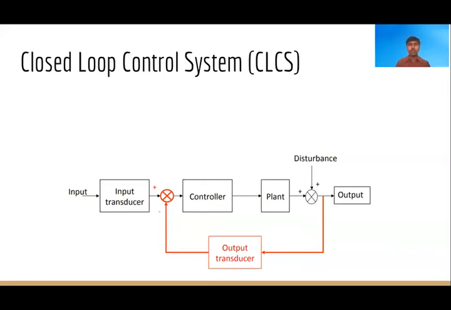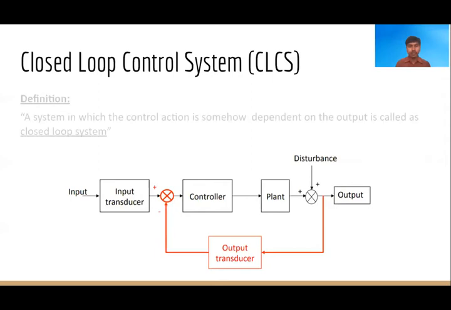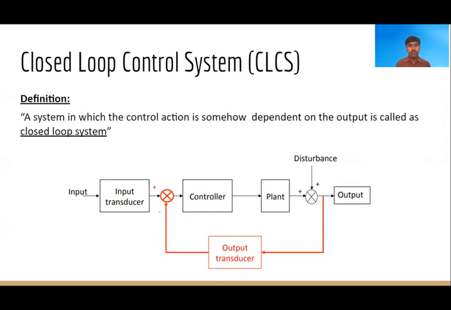This controller takes the necessary action based on this error signal. That control signal is given to the plant. Therefore, it will change its parameters and produce the desired output. This feedback action continuously monitors the output until we get the desired output. This is called the closed loop control system.